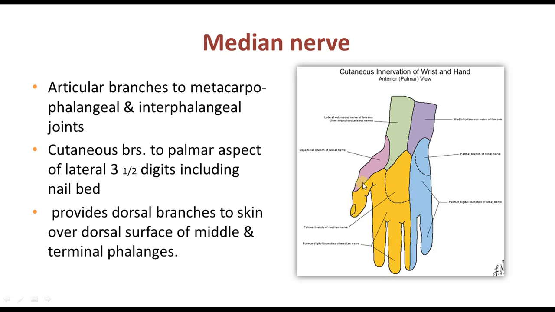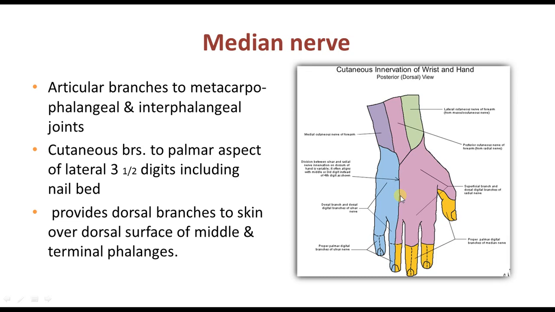But the dorsal part of the proximal phalanx and the dorsal part of the hand is mainly supplied by the radial nerve. Cutaneous innervation is by the radial nerve. So that is the dorsal aspect. As I told you, the yellow colored areas are mainly supplied by the median nerve: the lateral 3.5 digits, including the nail bed and up to the middle phalanx.